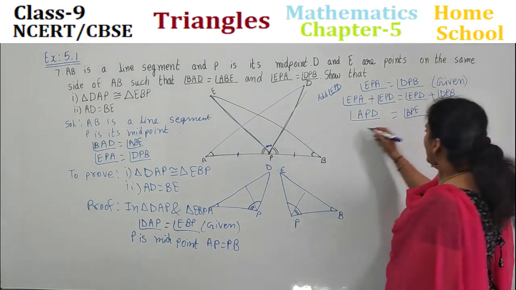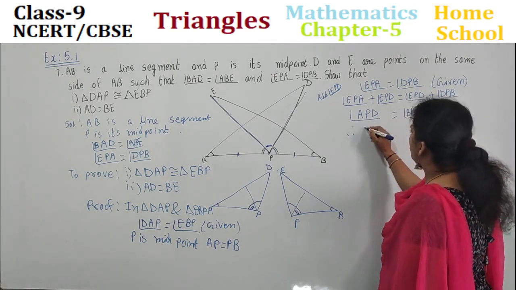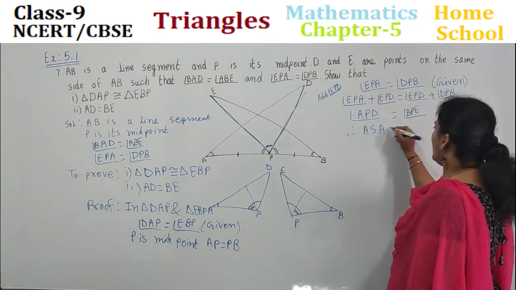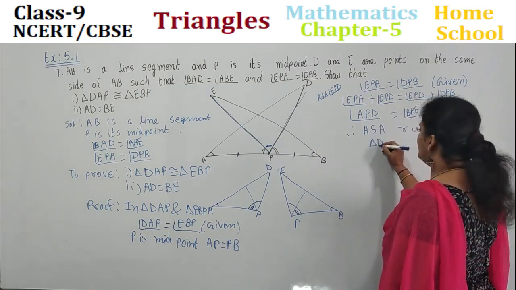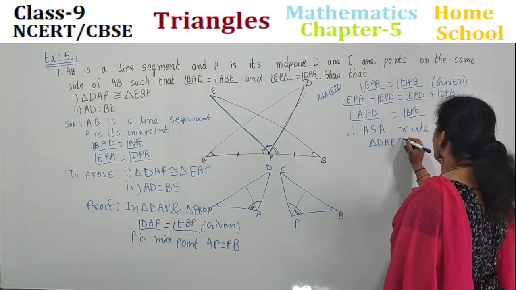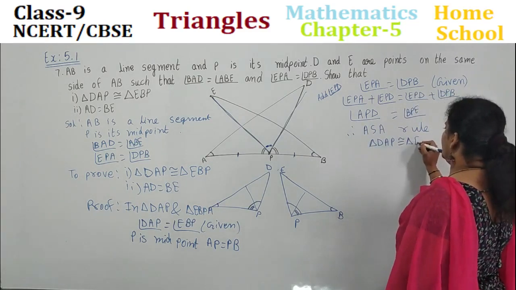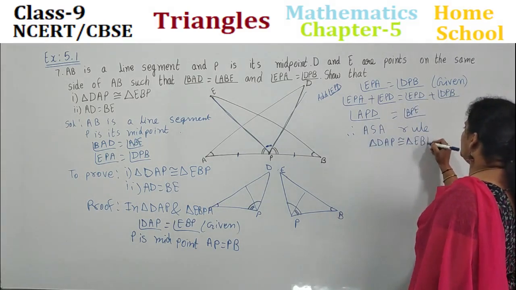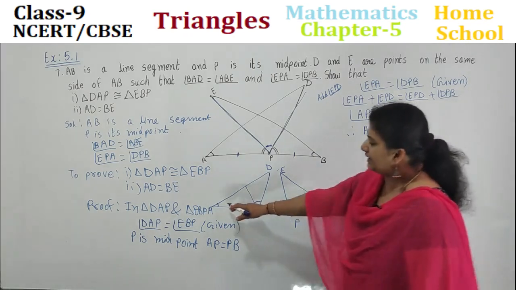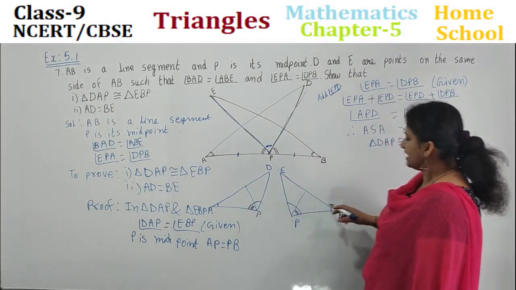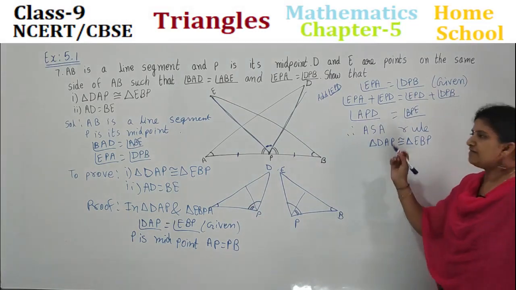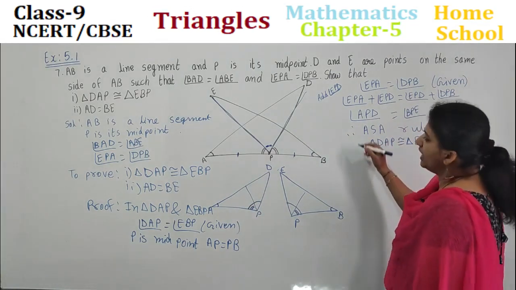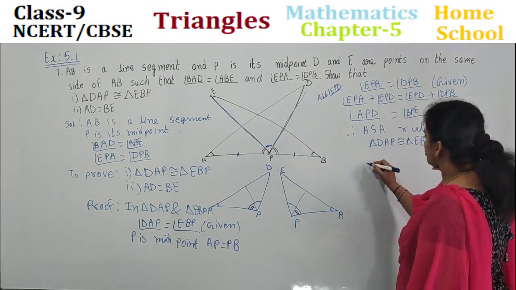Therefore, by the angle side angle rule, triangle DAP is congruent to triangle EBP. The first case is already proved, and your second case, how can I prove?